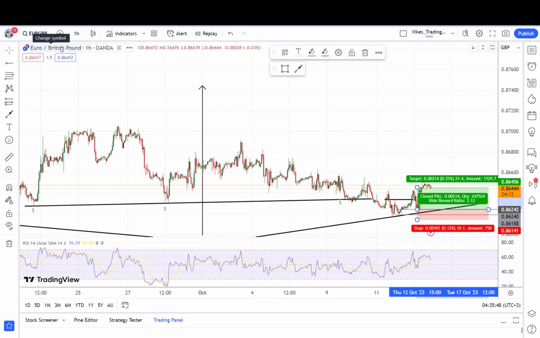analyze the markets. First off, while looking for a good trade, you always have to look for a lot of confluences. Okay, maybe a trend line is coinciding with a Fibonacci level. Maybe a trend line is coinciding with a previous order block, something like that.